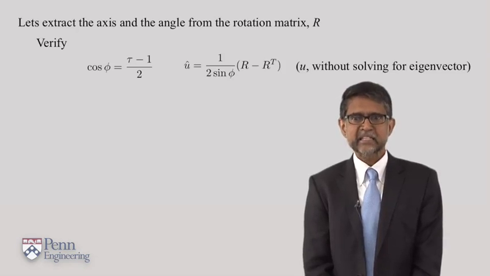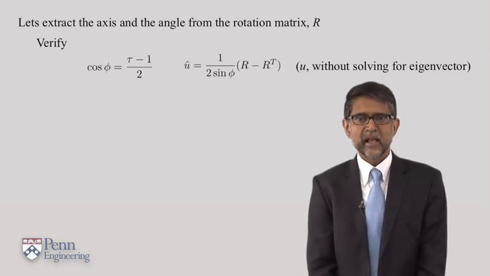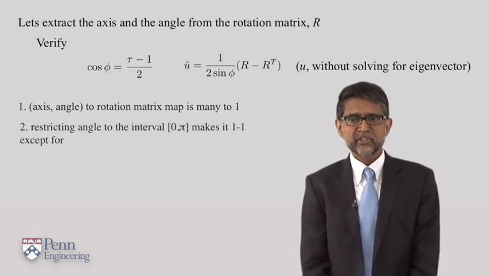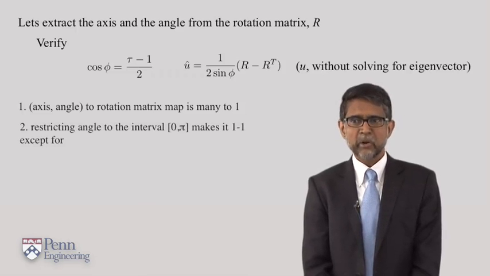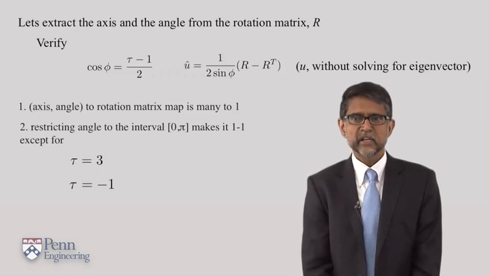So is the axis angle rotation one-to-one? It's actually many-to-one. Even restricting the angle from 0 to pi does not make it one-to-one. It is one-to-one except for these special cases. The trace equal to 3 is equivalent to cosine phi being equal to 1, which means phi equal to 0.